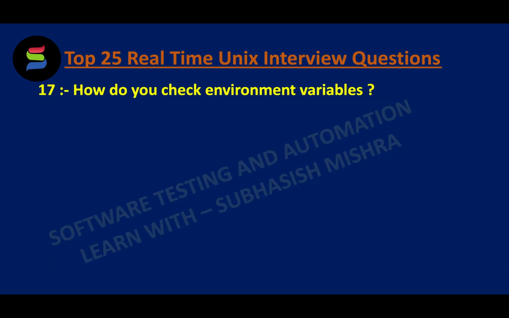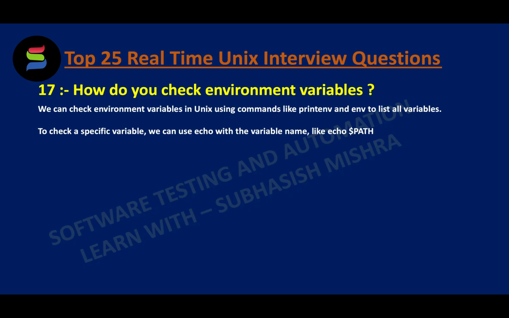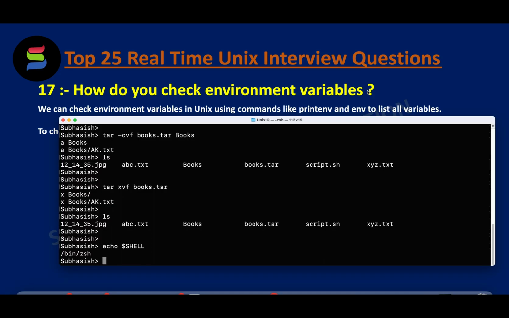How do you check environment variables? Environment variables are key-value pairs that store system level or user level settings. So they help programs understand where files, executables and configuration exist. There are different ways to check environment variables. So one way is printenv.